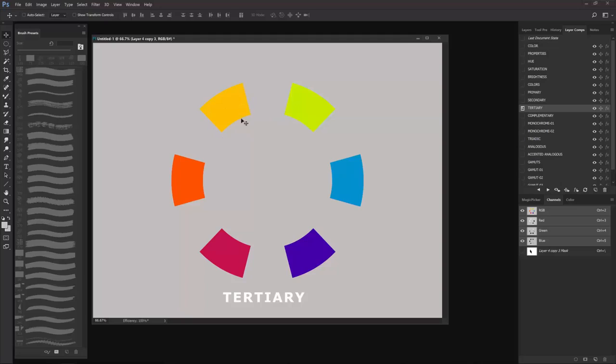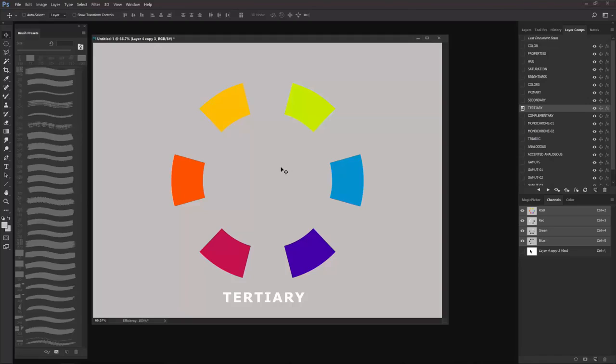Okay? And every time you mix these colors, you are making them less vibrant, less pure, but these colors are still considered very pure because they are mixed from pure hues. Okay? So we have the primary, secondary, and tertiary colors, and you can see that this completes our color wheel.